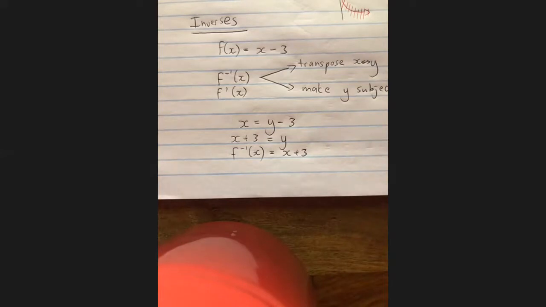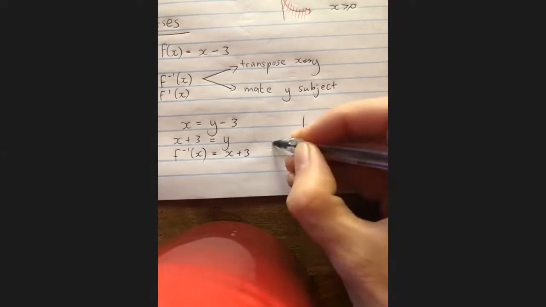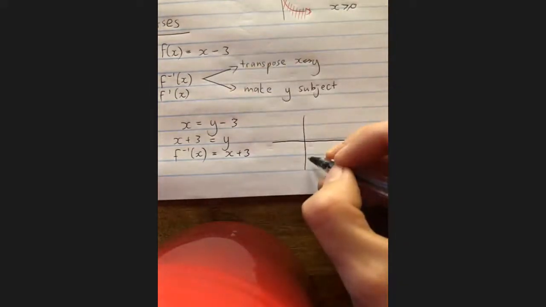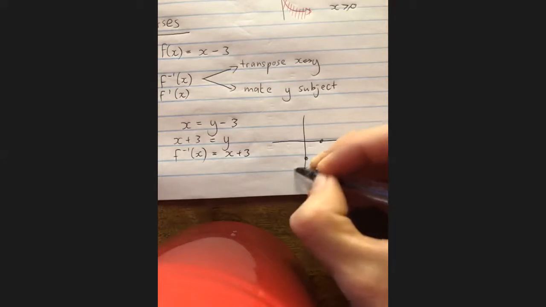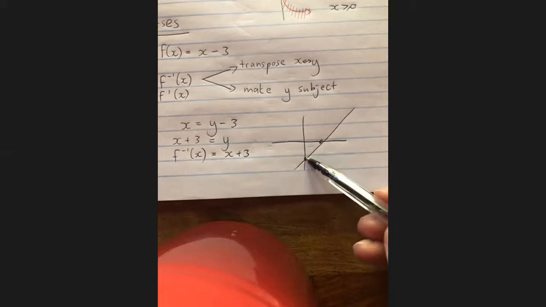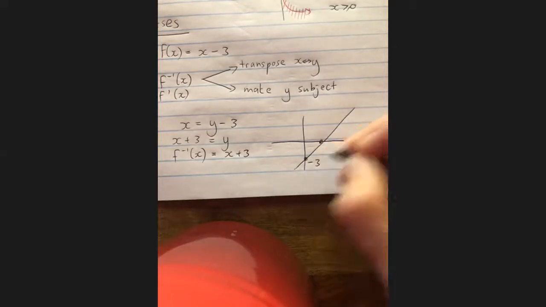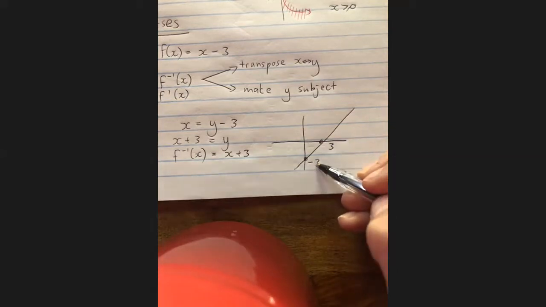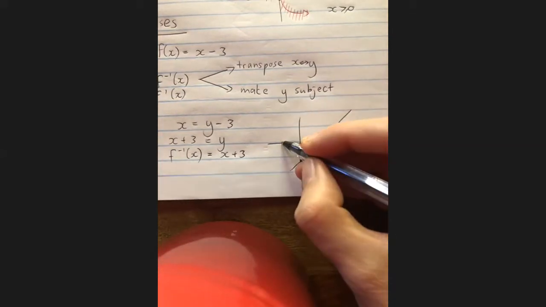As easy as that. Also important to notice, when you have to sketch this, the intercepts will be minus 3 and 3. And then if you sketch the other one, the coordinates that you have here will just swap. So everything that you're doing is going to swap. So if your x here was negative 3, or your y, then your x becomes negative 3.